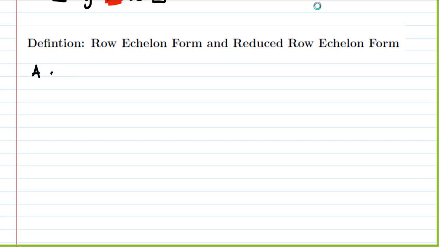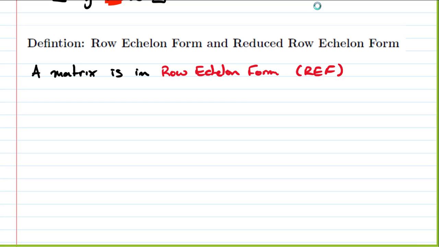So a matrix is in row echelon form, or REF, if the following are true.